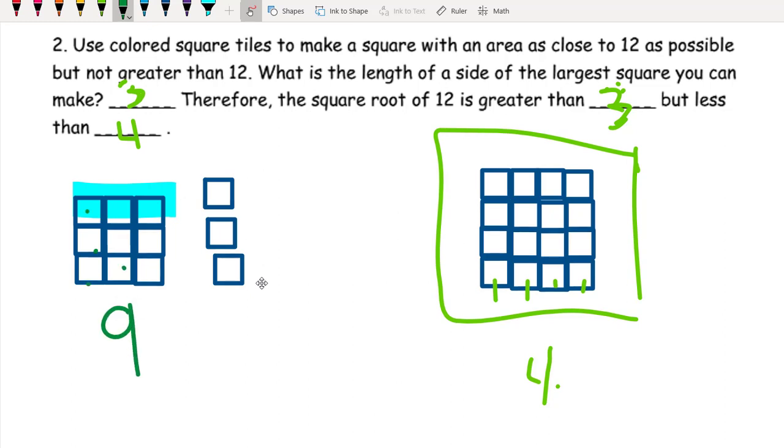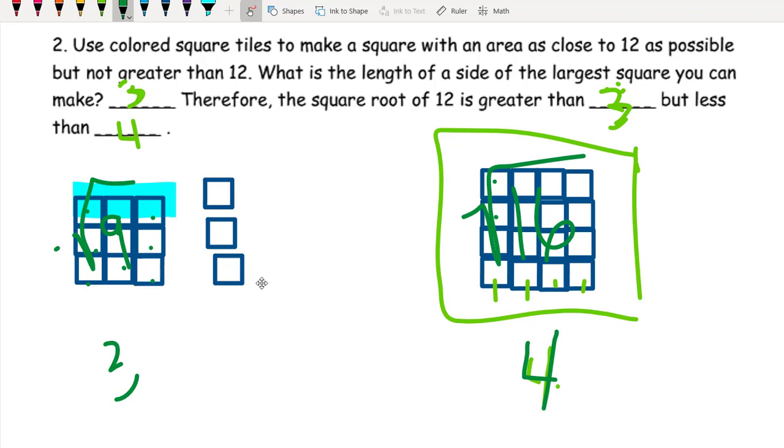There's 9 tiles here. Okay, the area of this square is 16. So we have an area of 9 and an area of 16, which the side length of that, the square root of 9, is 3, and the square root of 16 is 4.